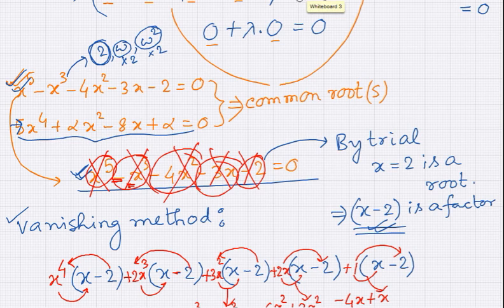Then 2 common roots will be there, because as we know, in a polynomial, if one root is imaginary, then the other root has to be the conjugate of the imaginary root. So if omega is the root of this equation, omega square has to be the root of this equation. So omega and omega square will become the common roots of the 2 equations. That part will be clear, I think. So we can say that either omega or omega square has to satisfy this equation.